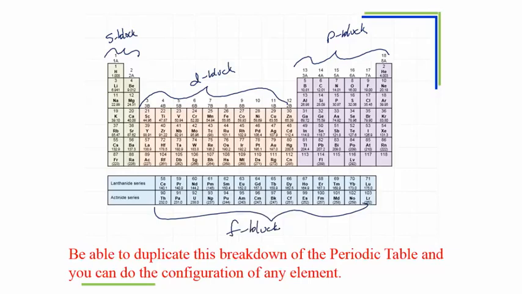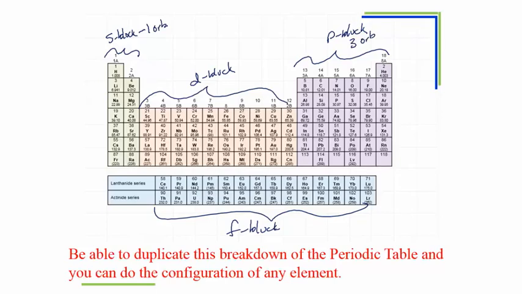Now let's look at the size of these blocks and see how they make sense for us. In the S block, or I should say in the S sublevel, there's one orbital. That orbital will hold 2 electrons, and so this block is 2 wide. In the P block, there are 3 orbitals. In every P sublevel, there are 3 orbitals. Each orbital holds 2 electrons, so that would be a total of 6 electrons, and this is 6 elements wide.